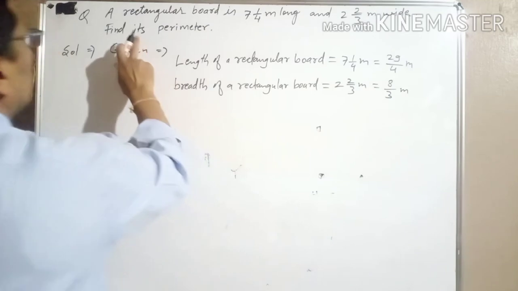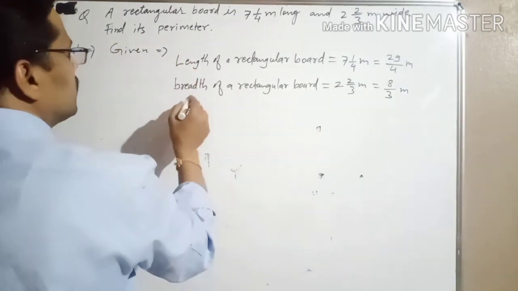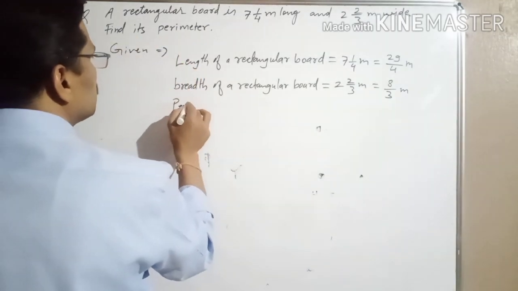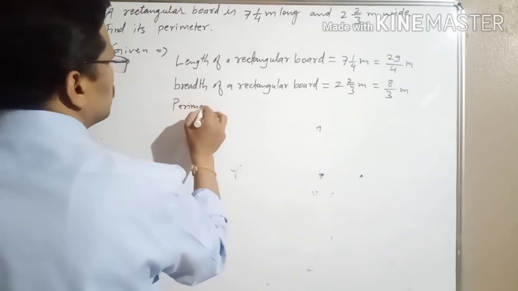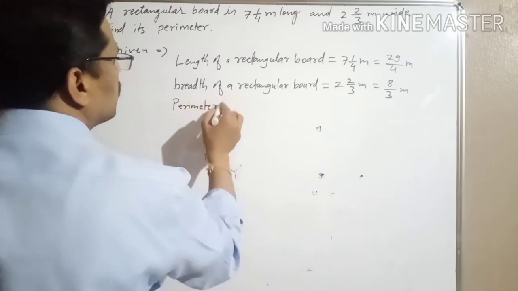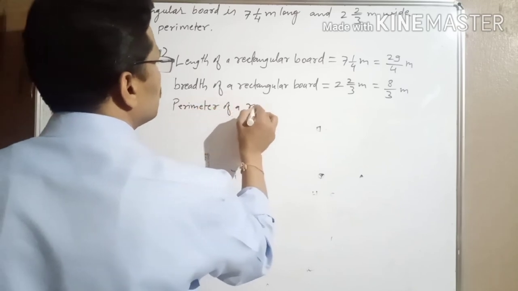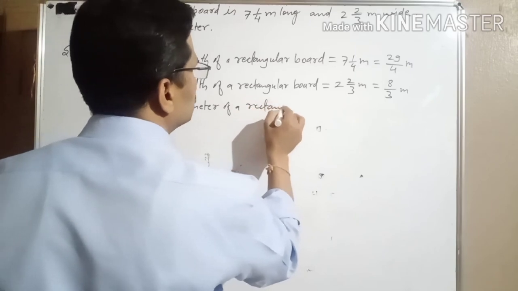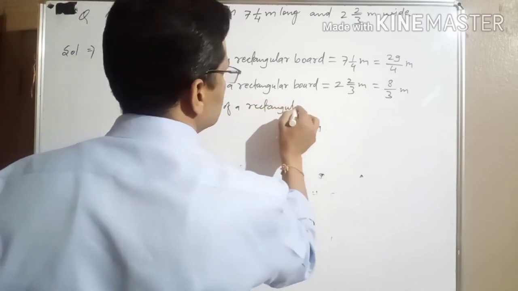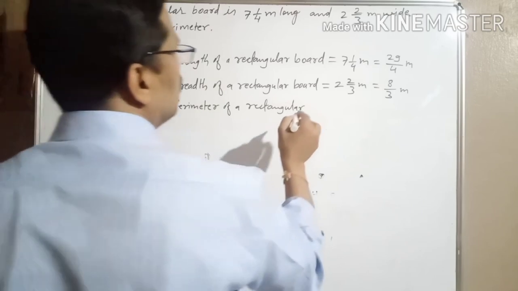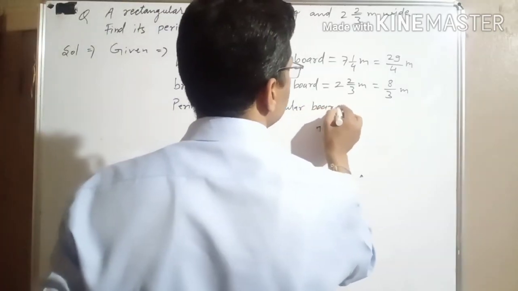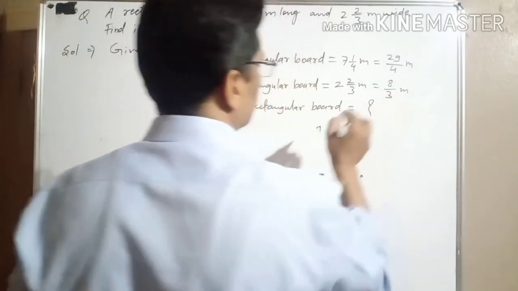And what do we have to find? We have to find the perimeter of a rectangular board. Question mark. We have to find out.